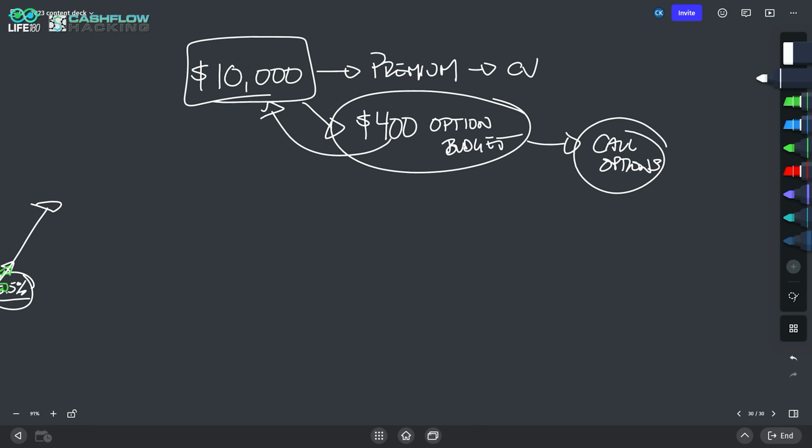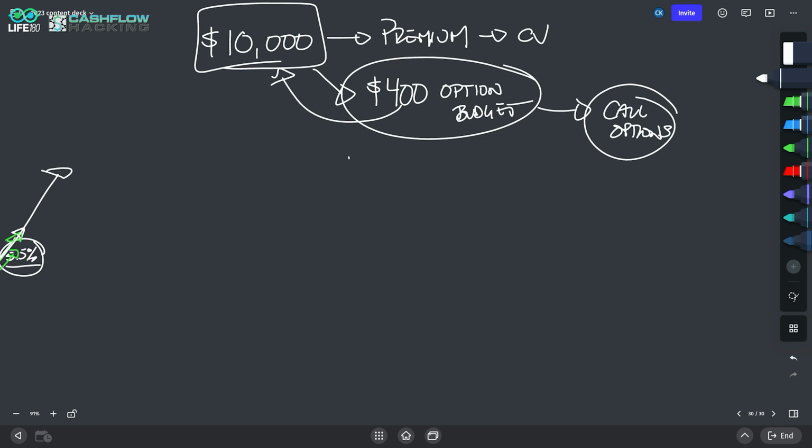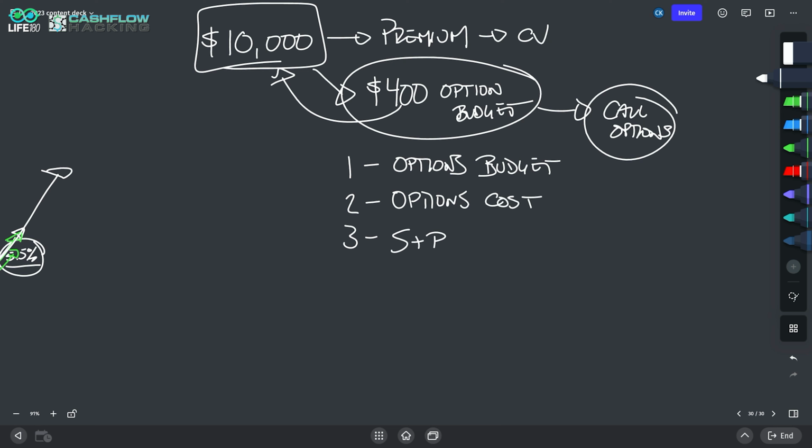Those are the three variables that actually impact the performance of an IUL: the options budget, options cost, and then S&P or whatever index, I'm just going to say index performance. Now it could be a different index, but that is what it is.